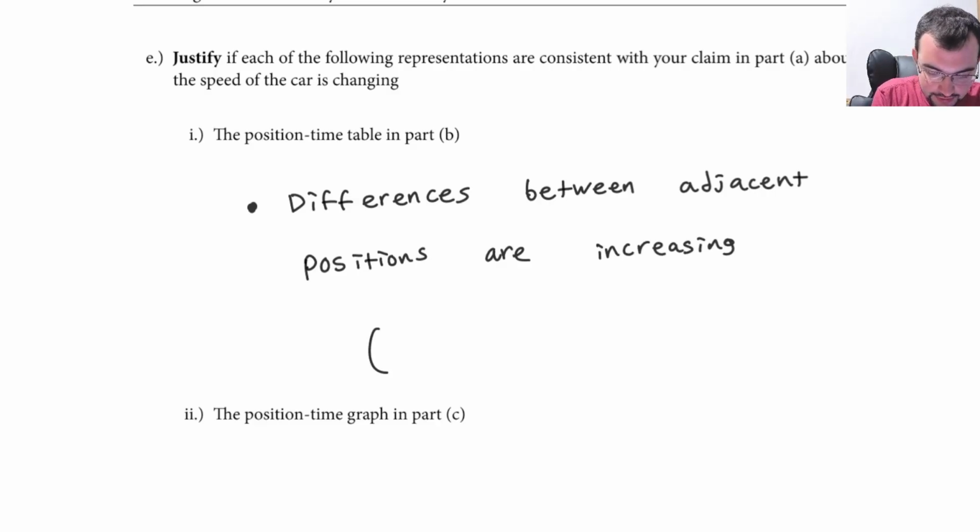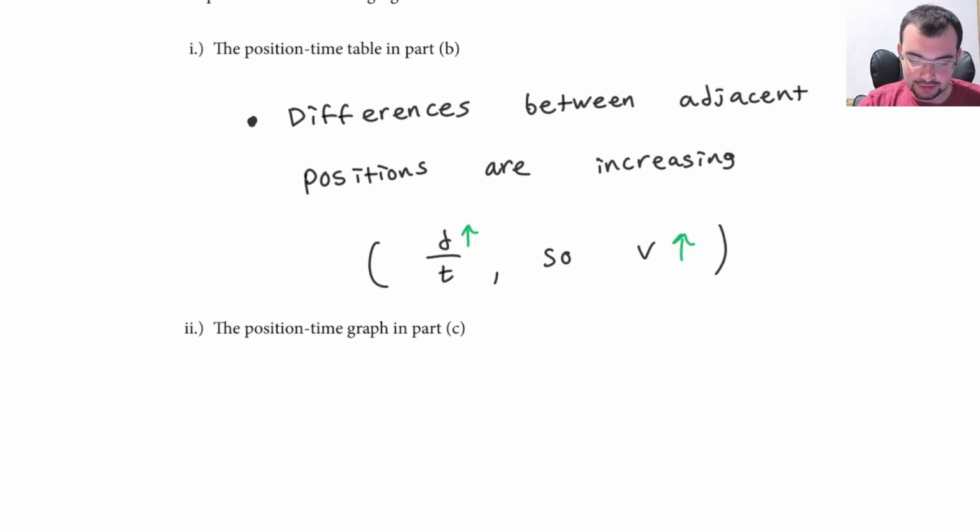So why is that justification? Well, this means the d of each time interval is increasing, which means the speed is also increasing because you're covering more distance in the same time interval.